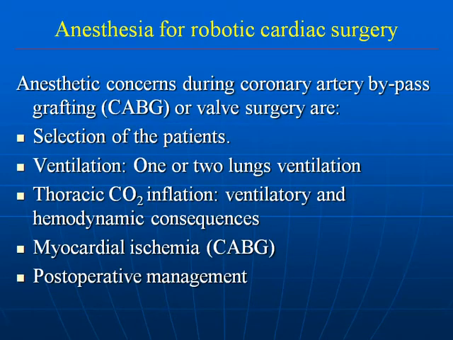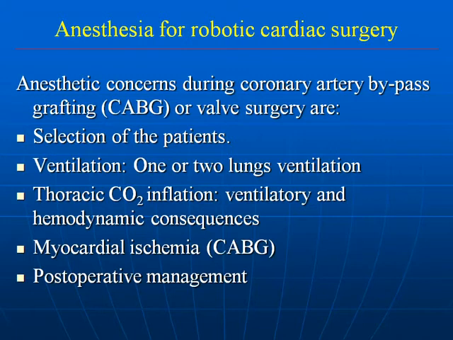There are some major differences in terms of selection of patients for robotic cardiac surgery. The first thing is, of course, you have to be able to ventilate on one or two lungs, and that implies that the patient should have no pulmonary disease or minimal pulmonary disease.